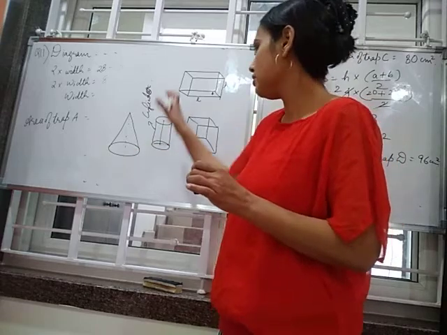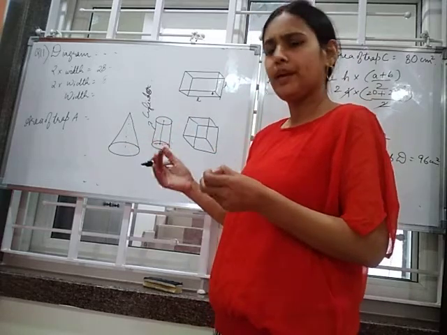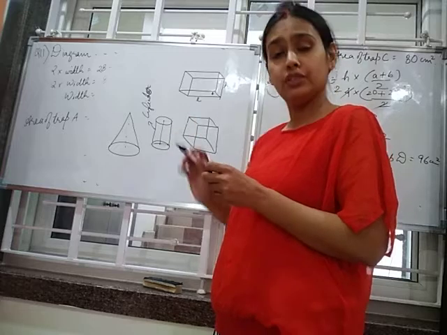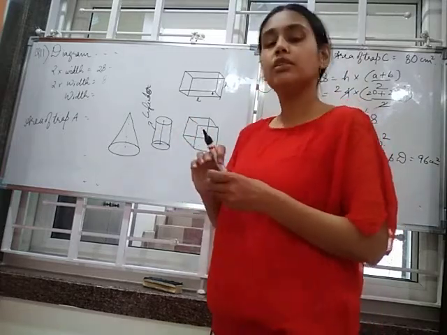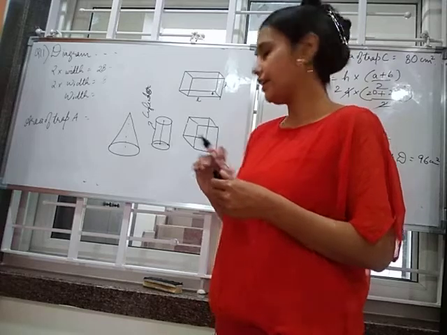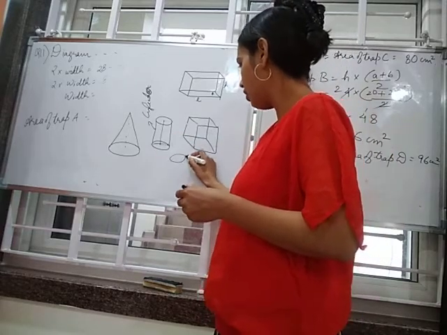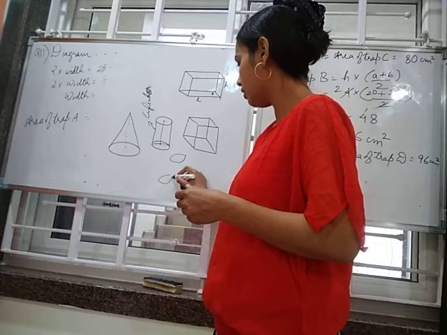That means it should be vertical, perpendicular to the radius. So this is a right circular cylinder. Every time you won't get a right circular cylinder.